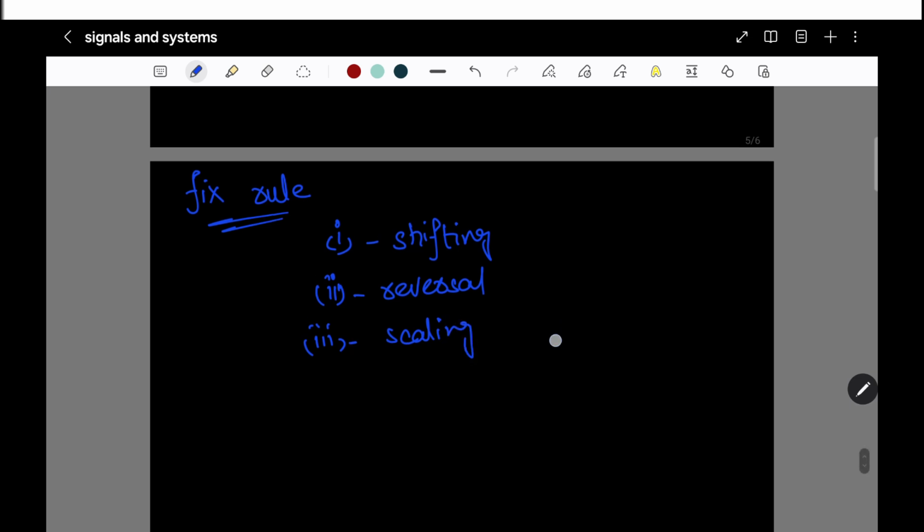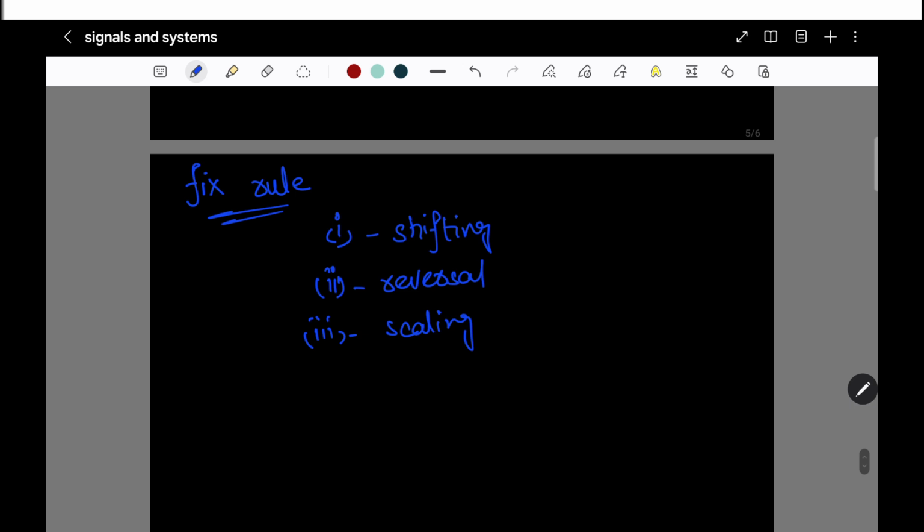To remember it easily, we can use these two keywords. For signals and systems, we have SNS. So here we can say that this is SRS. S is for shifting, R is for reversal, and S is for scaling.